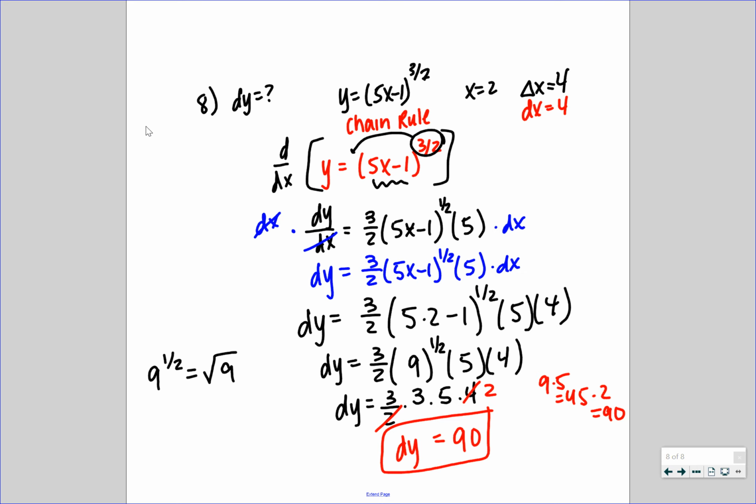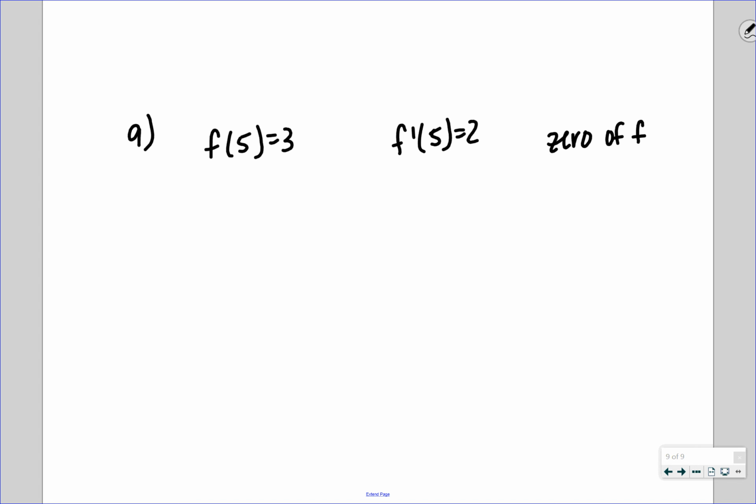All right. Next. Number 9. Let f be a differentiable function so that f of 5 is 3, f prime of 5 is 2. If the tangent line to the graph of f at x equals 5 is used to find an approximation of a 0 of f, what is that approximation?